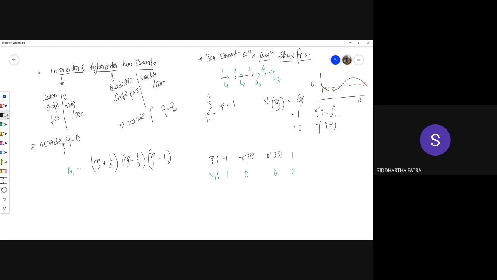Now if you substitute xi equals -1, what value would you get? If I put a negative sign, of course, in the beginning, this becomes minus 2 third, then minus 4 third, and minus 2.